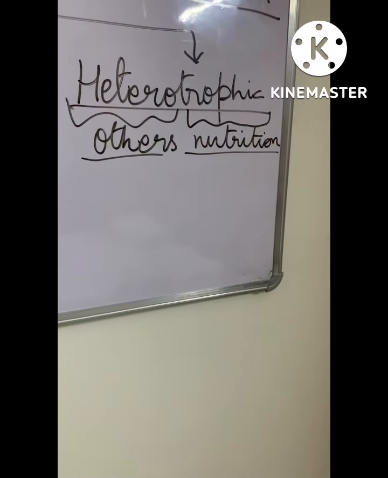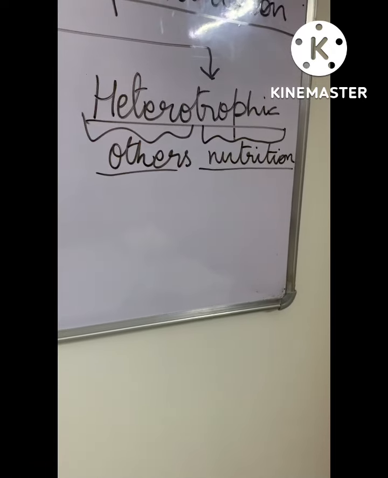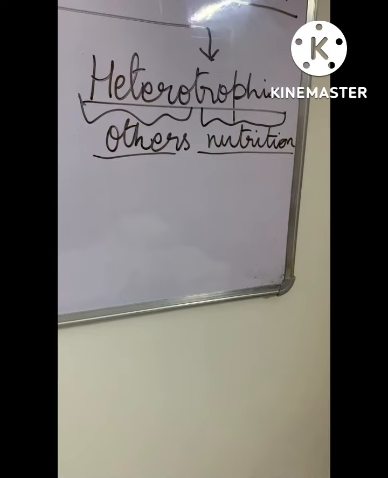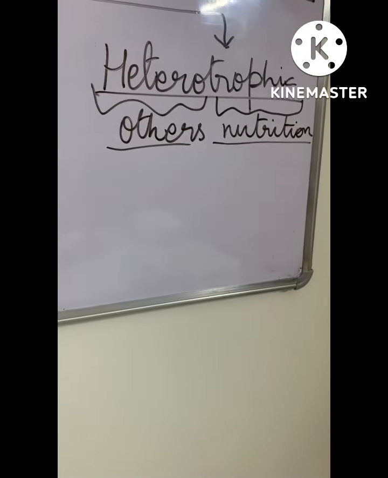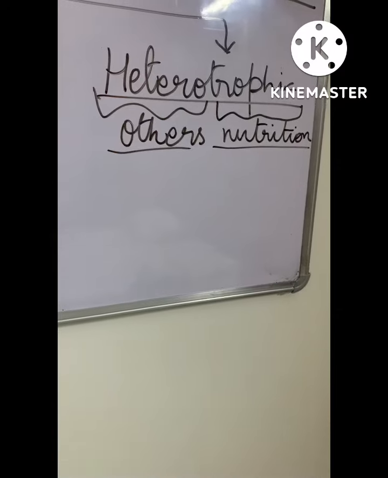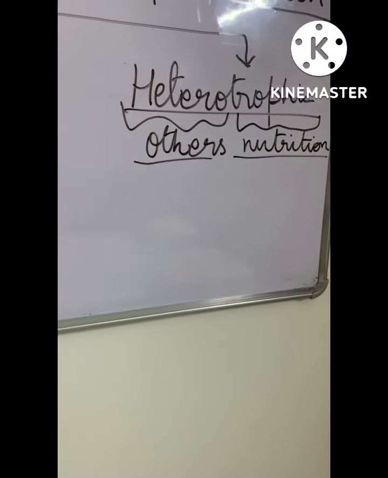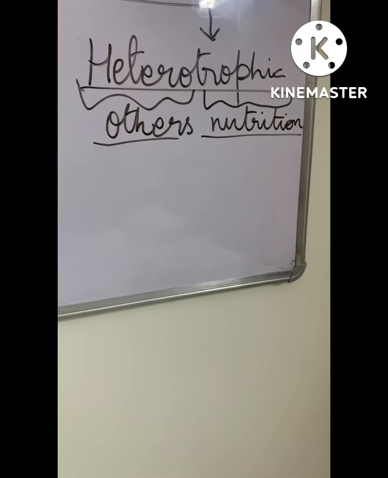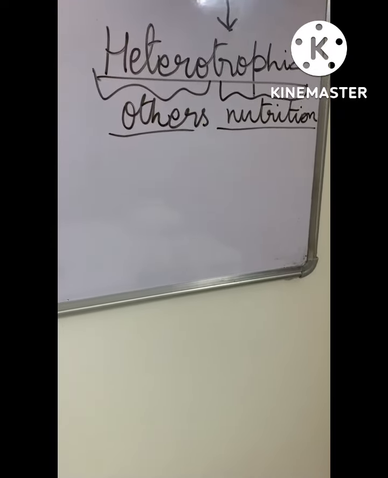So, heterotrophic nutrition is the nutrition which is obtained from other animals, that is by eating other things, either it is eating plants or eating animals or both. So the nutrition which is obtained from other organisms is known as heterotrophic nutrition.